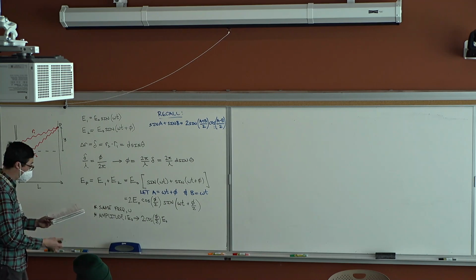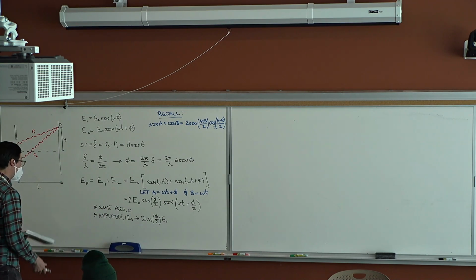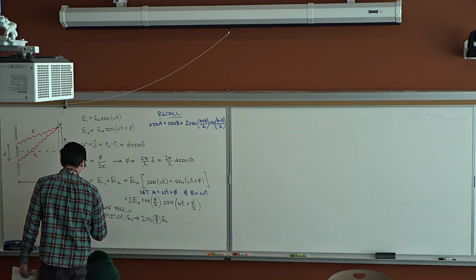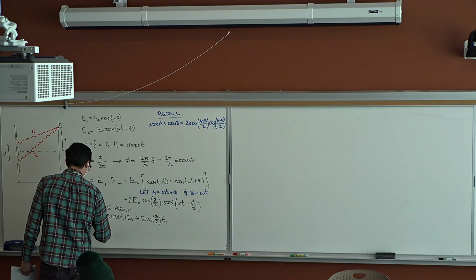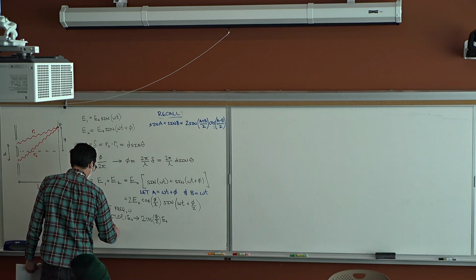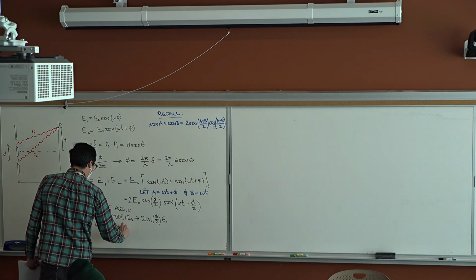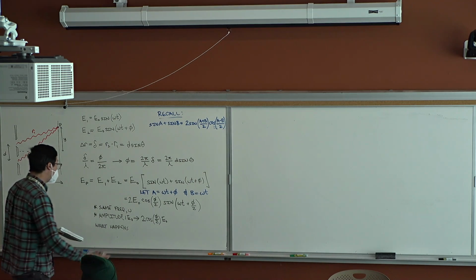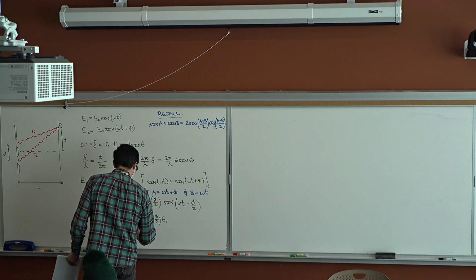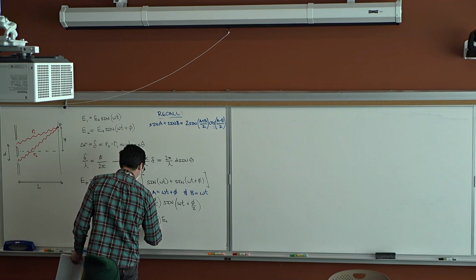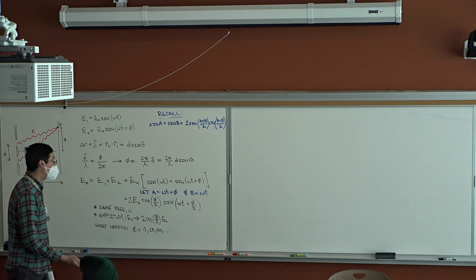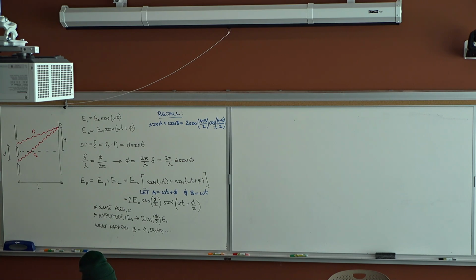I'll ask, what happens at, say, B equal to 0, 2 pi radians, 4 pi radians, 6 pi radians, and so on and so forth? You get 2 E naught.